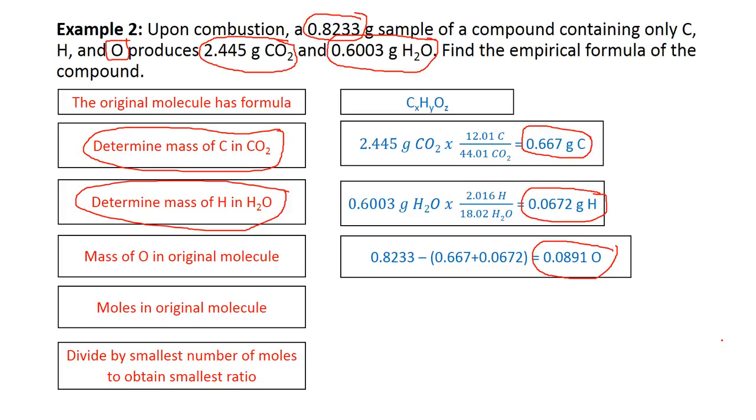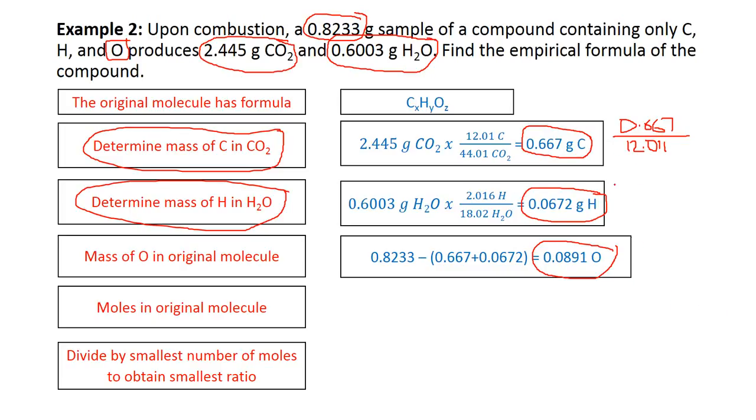Now we have the masses. What we need to do is to find the number of moles. Like we did with the previous problem, you need to divide the mass by the molar mass: 0.667 divided by 12.011 gives you the moles of carbon.